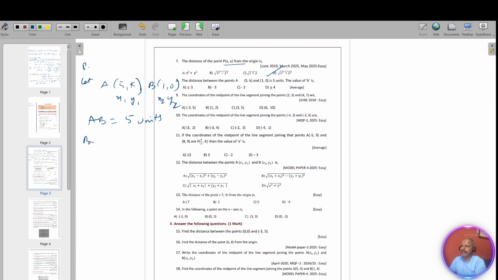So we know by the distance formula, AB is equal to square root of x2 minus x1 whole square plus y2 minus y1 whole square. What is AB? 5. Square root of x2 is how much? Sorry, x2 is 1.